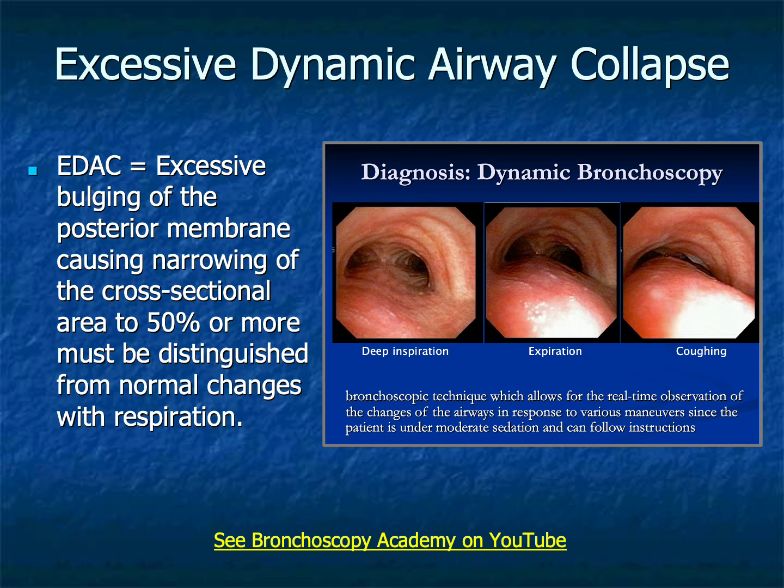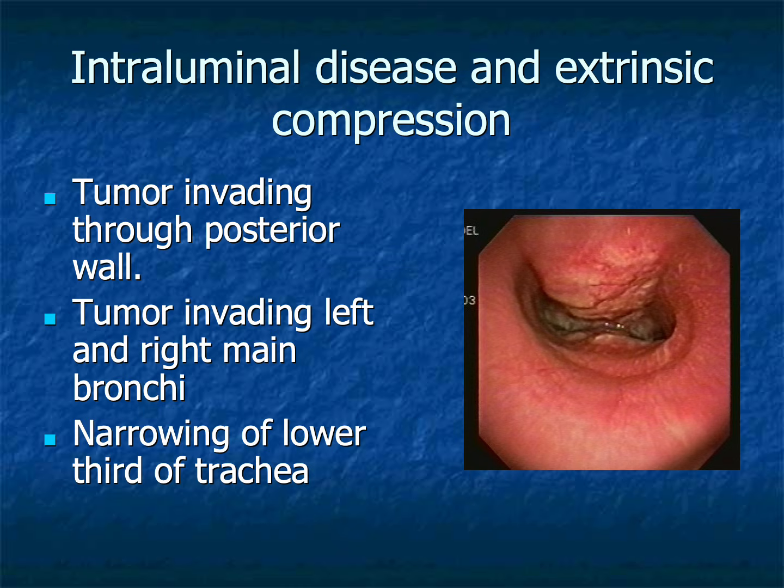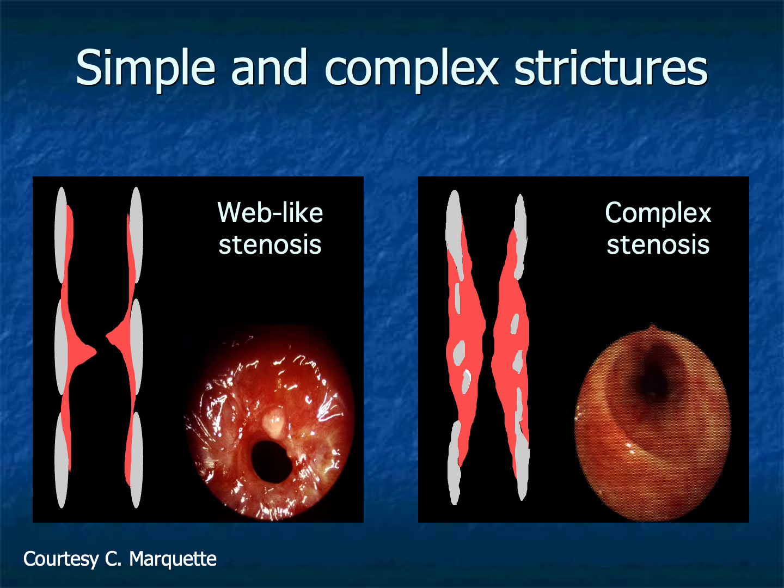We now turn toward fixed abnormalities of the trachea. Unlike dynamic collapse, fixed lesions maintain structural narrowing regardless of respiratory phase. These may result from tumors, extrinsic compression, post-intubation injury, prior tracheostomy, inflammation, fibrosis, or scar formation. The examples shown here demonstrate both simple web-like stenoses and more complex strictures involving distortion of the airway wall.